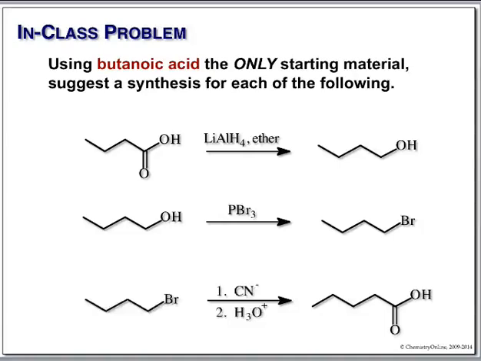Carboxylation of a Grignard. Remember, you make the Grignard, then add little chips of dry ice. To do that, we want to take bromobutane, add magnesium, then react that with CO2.